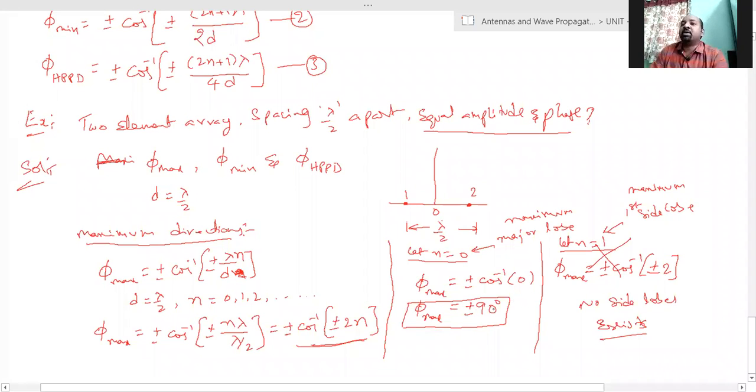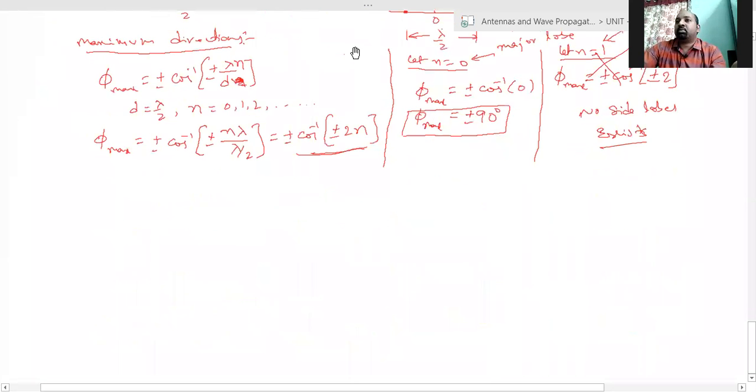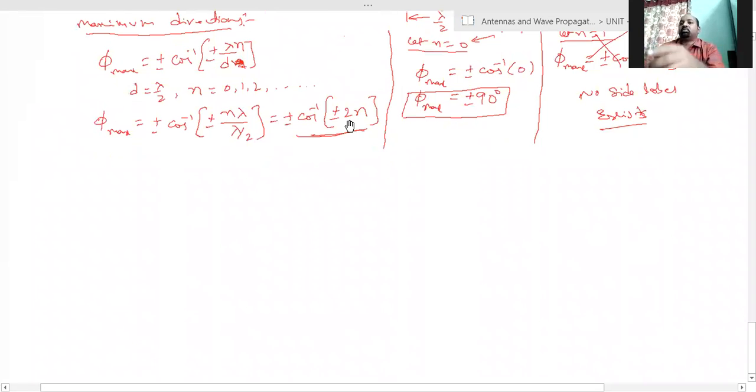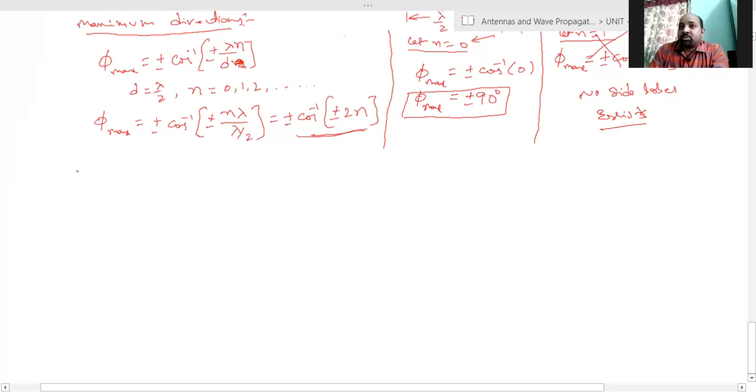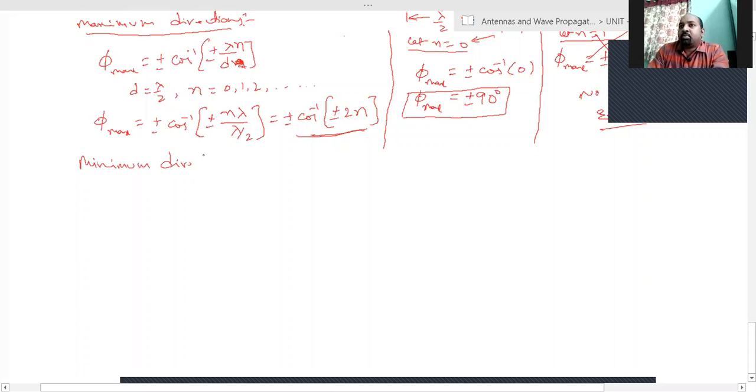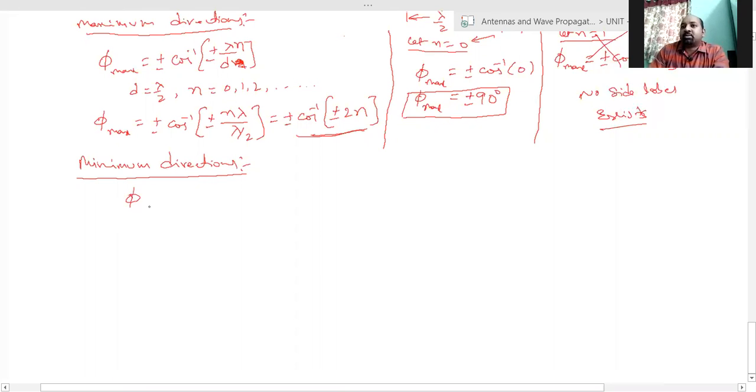So therefore we have determined the maximum directions, right? And now let us try to determine the minimum directions. So what is the expression?